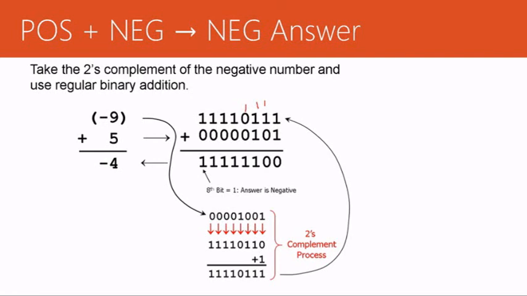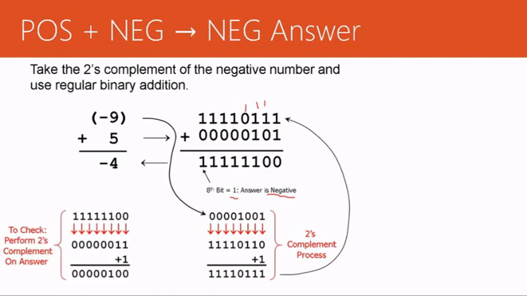And then 1 plus 0 is 1, for the remaining bits. Since the 8th bit, the most significant bit, is 1, it is a negative number. And to check the answer, get the 2's complement of this one. If you get a 4, therefore your answer is correct.